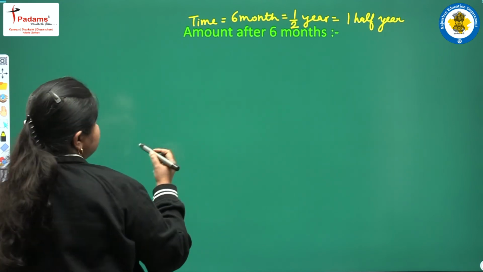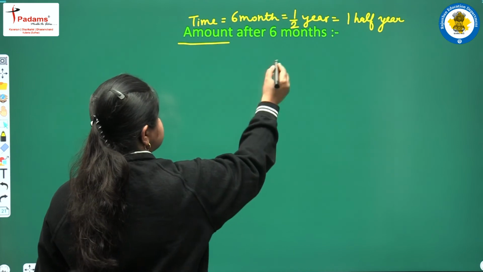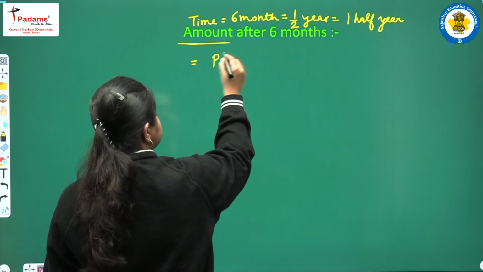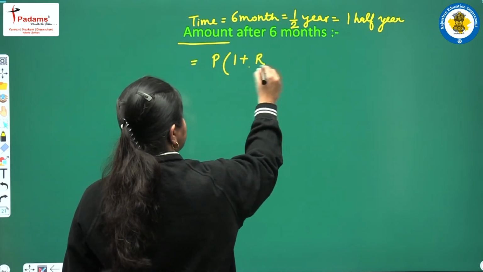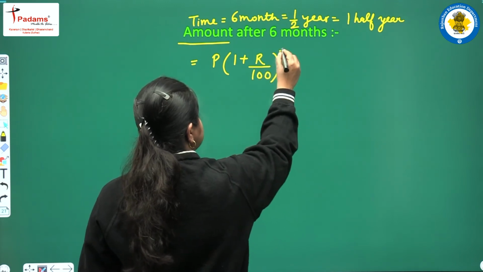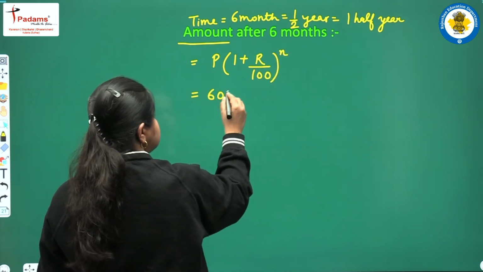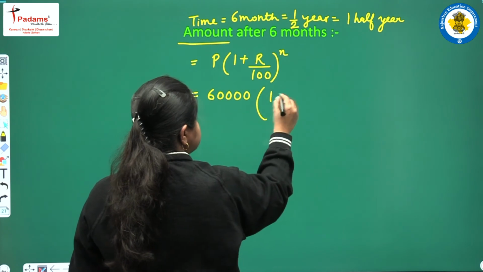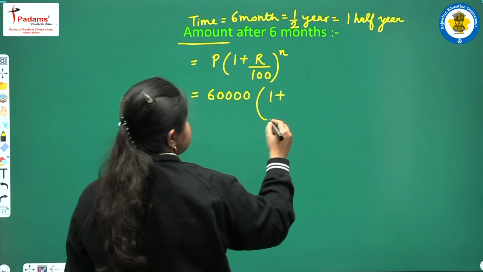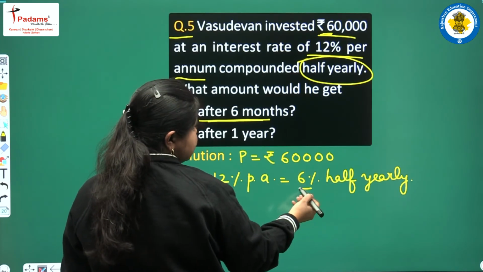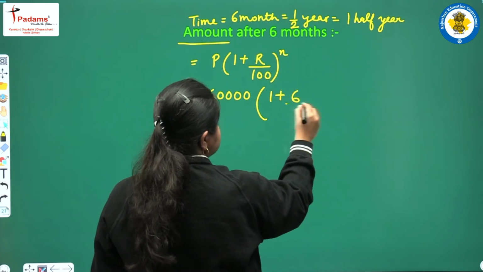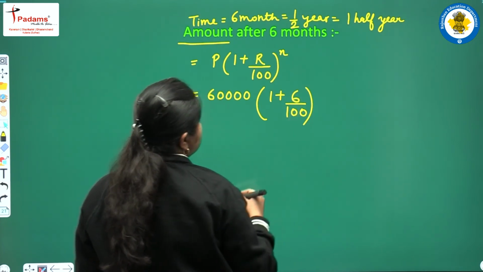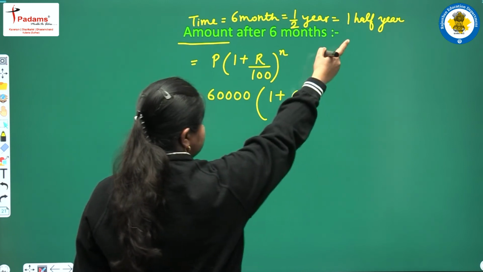Now we can easily find the amount after 6 months. It will be given by P into (1 plus R upon 100) raised to power n. P is your 60,000. 1 plus R, rate, it is how much? 6% half yearly. So 6 upon 100 and the power here is 1/2 year.